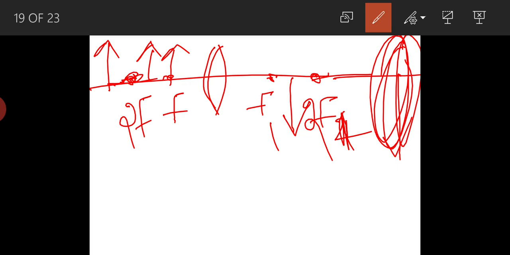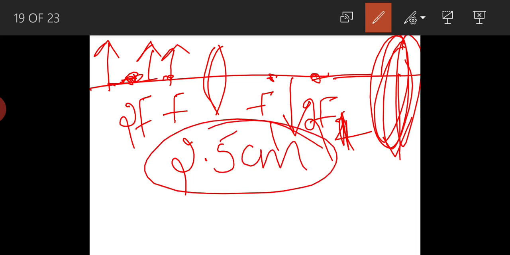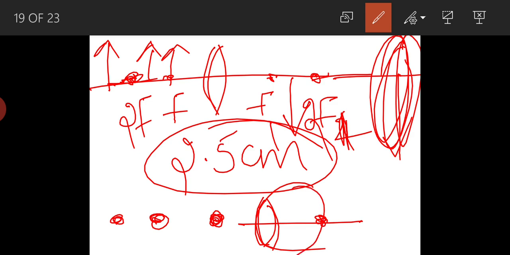That is why in case of the eye lens, the image distance is always fixed, that is 2.5 centimeters for any type of object distance. It means if we place the object near to the eye or away from the eye or anywhere, the image is always forming on the retina only.